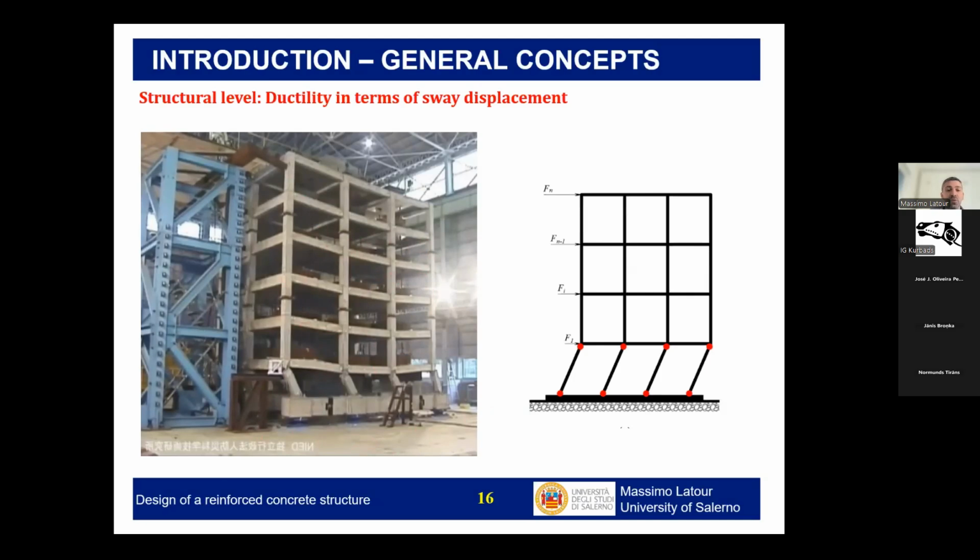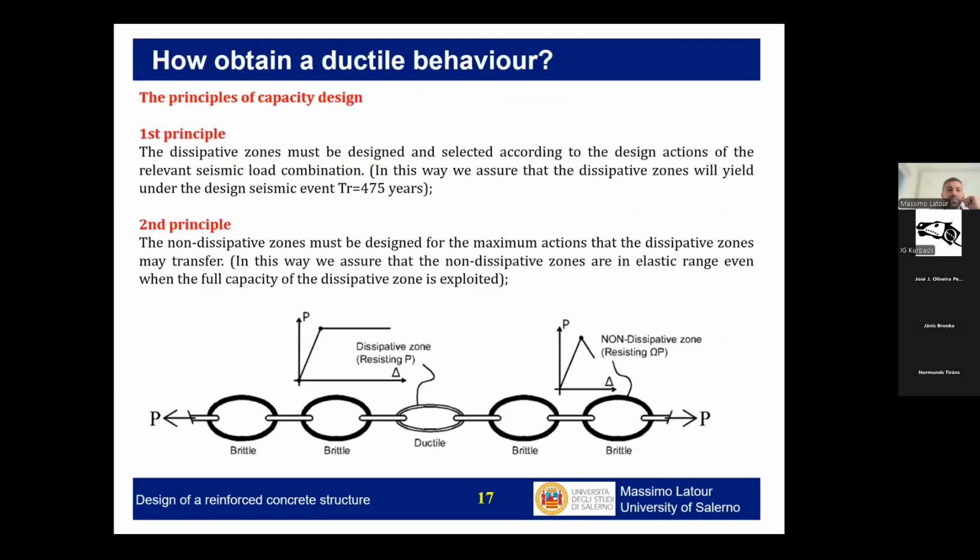This is for sure very, very bad, because in this case, it is increasing the ductility demand just in one story. And possibly this ductility will not be possible to be sustained by the elements.